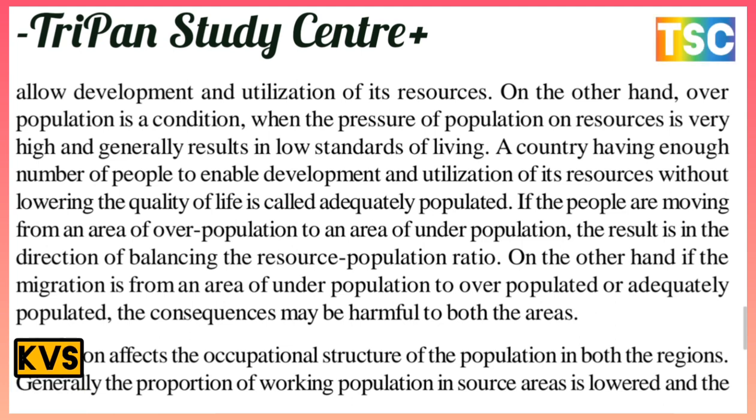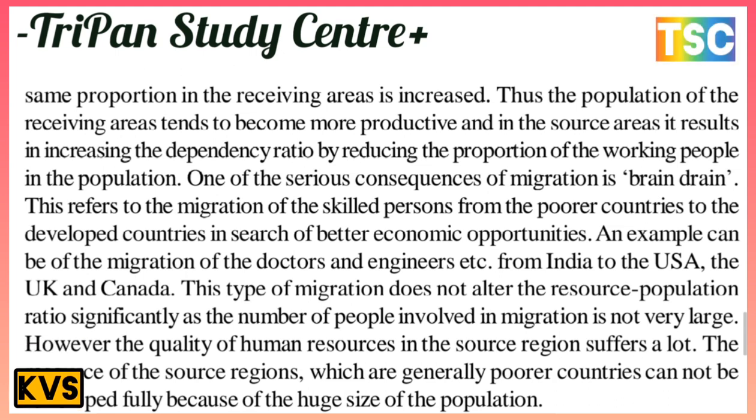On the other hand, if the migration is from an area of underpopulation to an overpopulated area, the consequence may be harmful to both areas. Migration affects the occupational structure of the population in both regions. The proportion of the working population in the source area is lower, and the proportion in the receiving area is increased.